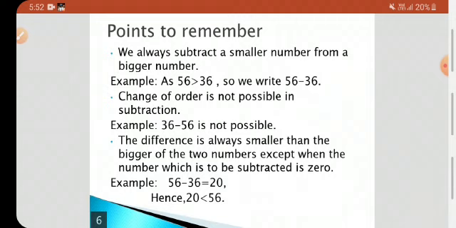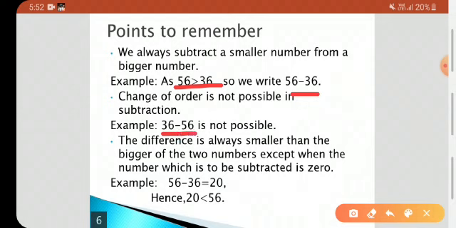Example, 36 minus 56 is not possible. We can subtract a smaller number from a bigger number, but we cannot subtract a bigger number from a smaller number.